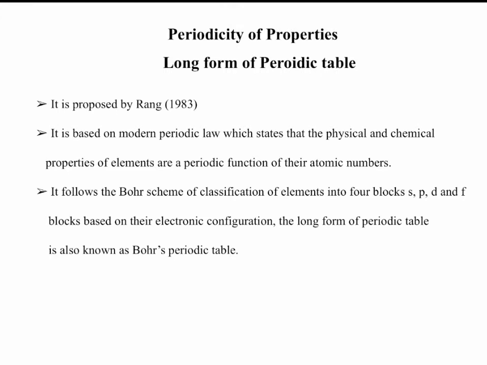It follows the Bohr scheme of classification, and the periodic table is classified into 4 blocks: S, P, D and F blocks, which is based on their electronic configuration. So this long form of periodic table is also called Bohr's periodic table.